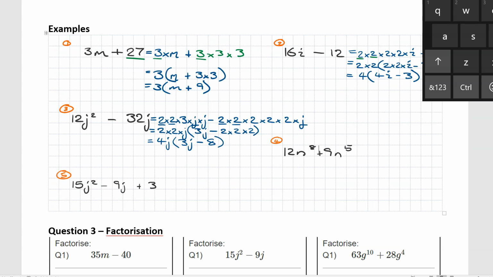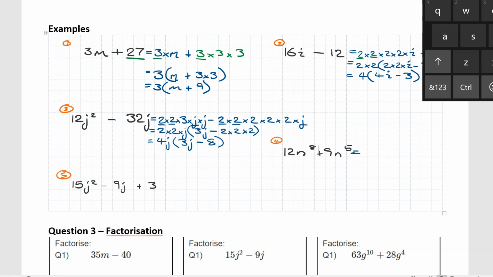So for 12, we know it's 2 times 2 times 3, and that will give us 12, and 9 is 3 times 3. But if we look at 12, we know there's a factor of 3, and we don't really care about anything else because the largest common factor between these two numbers is 3.